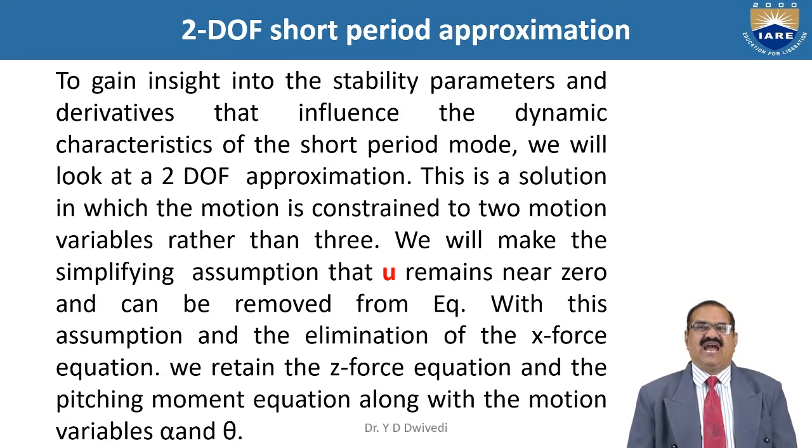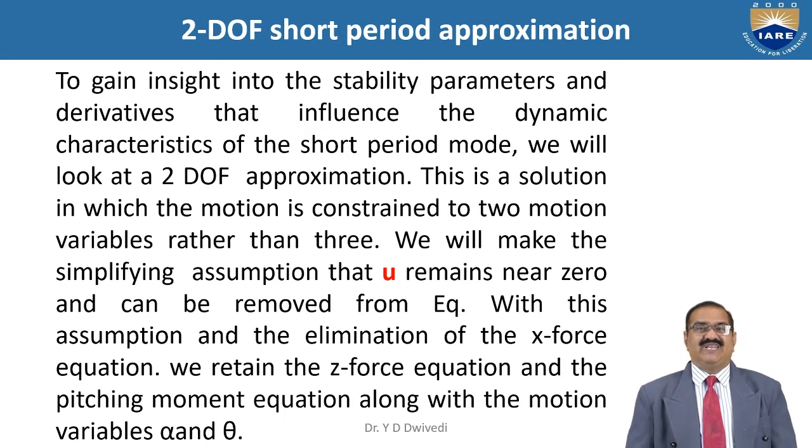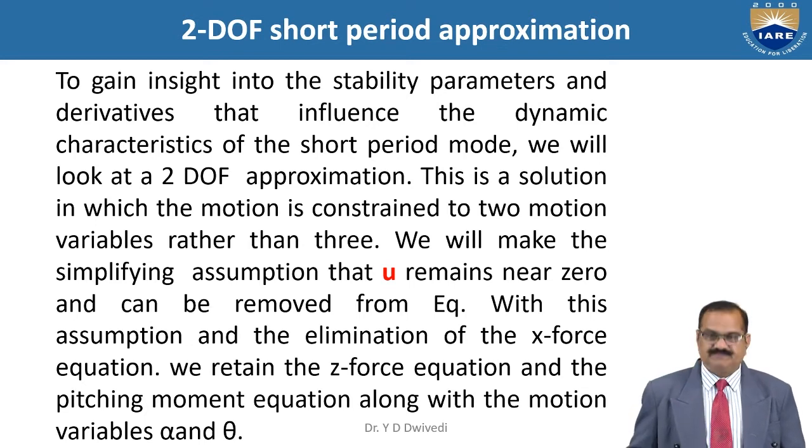With these assumptions and the elimination of the x force equation, because if u is equal to 0, u dot will be 0, we retain the z force equation and the pitching moment equation. So out of 3 equations, the first equation discussed in the previous class will be eliminated, and only 2 equations will remain, along with the motion variables alpha and theta. Here alpha is the angle of attack and theta is the pitching angle. These two variables will be there.